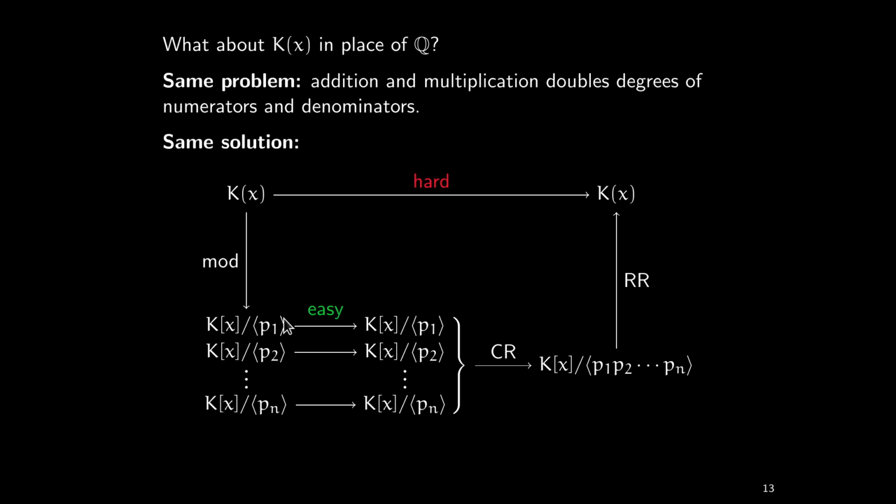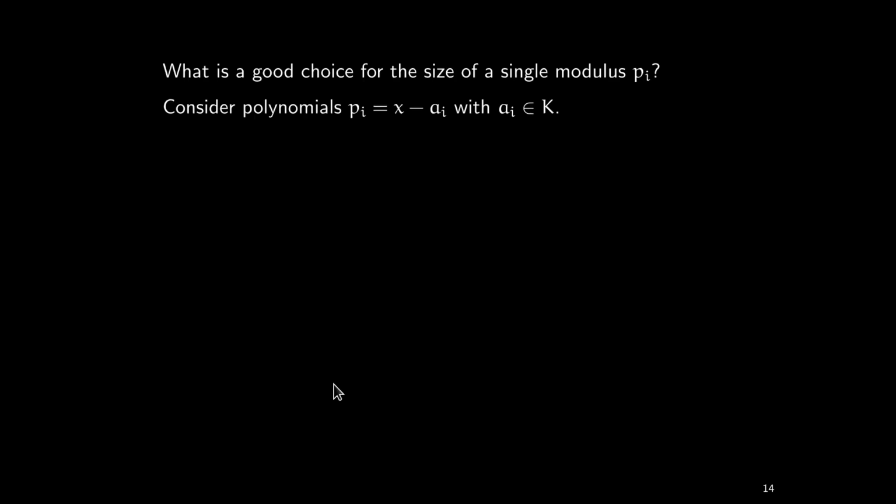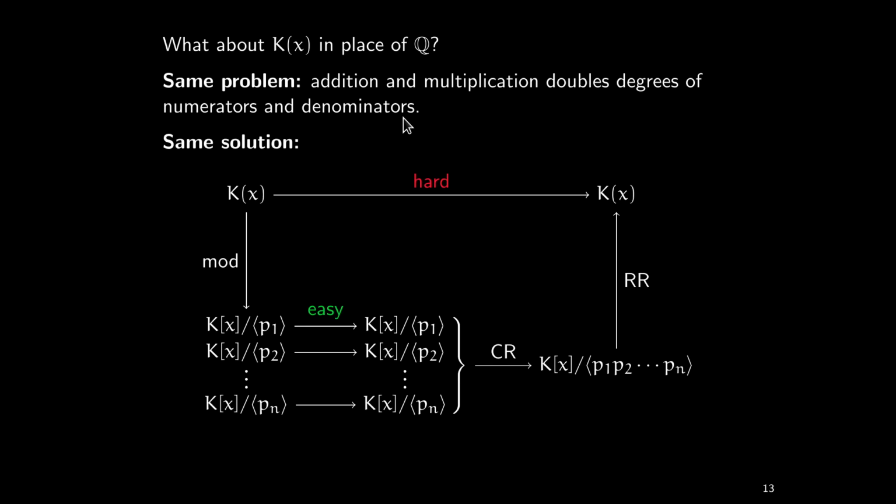For the integers, we have seen that we choose the p's in accordance with the hardware on which we are computing. Here there's also a preferred choice, and that's to choose polynomials of degree 1. This has an advantage. If you choose a polynomial of degree 1, then k[x] mod x minus something is really just isomorphic to k.